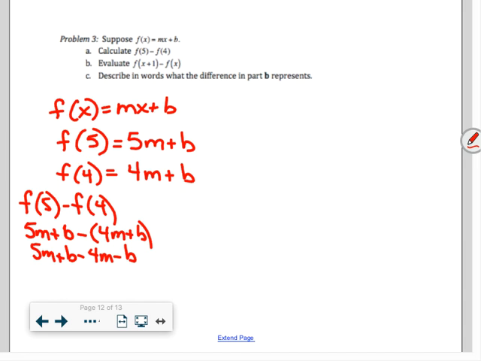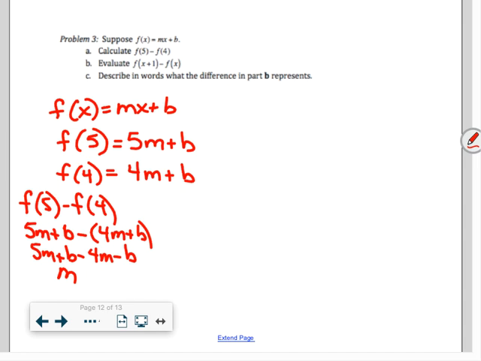It's m. Now I want you to stop and think here, because I'm going abstractly to see if we really do understand what's happening. 5 and 4 are 2 consecutive terms, right? And if it's linear, what does the m represent? It's the slope, and it's the common difference in a linear sequence.